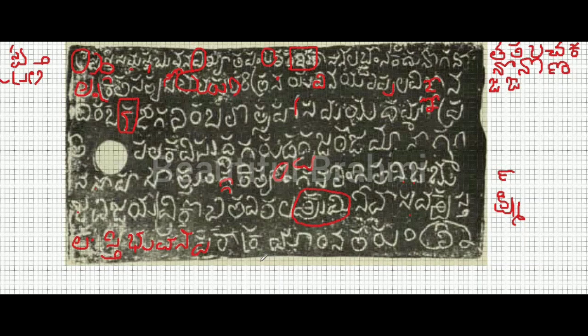Parakramam. Anantarum is infinite. His parakramam is infinite. His strength, his valor is infinite over here. Then it says Shri. It ends with a nice Shri over here.